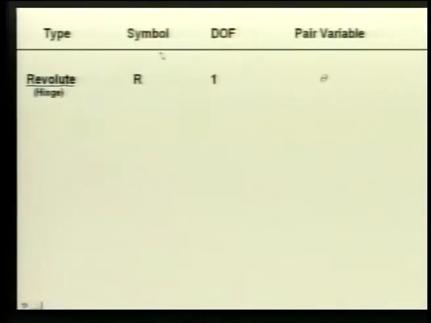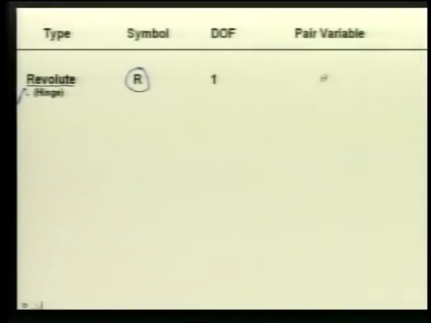The symbol that is used for revolute pair is R, the first letter of the word revolute. This revolute pair is what we in non-technical language call a hinge joint. The degree of freedom of this revolute pair is 1, and the pair variable is theta, which denotes the rotation.